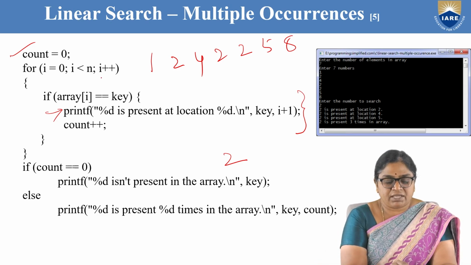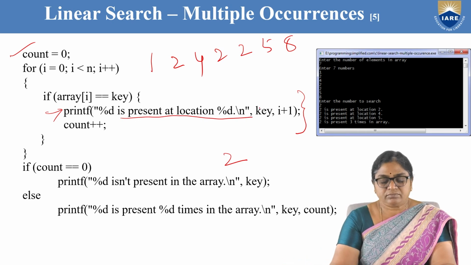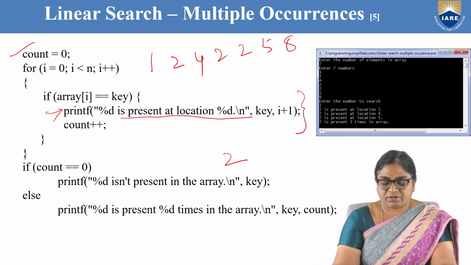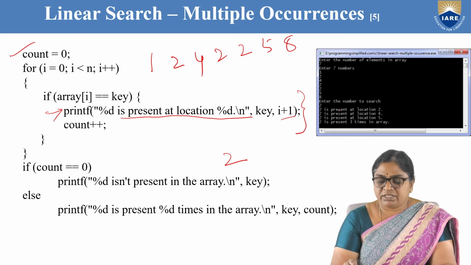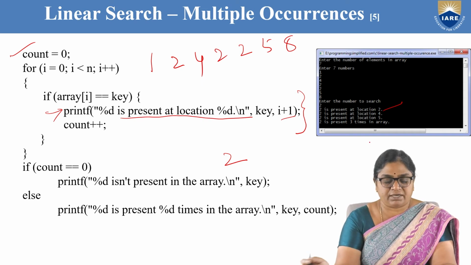So if the key element is equal to the current element, we display a message that the key element is present at location I plus 1. So here 2 is present at location 2. That is the output we will generate by writing this if statement.